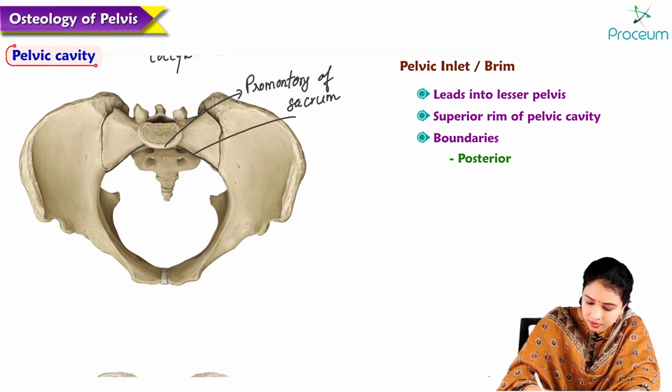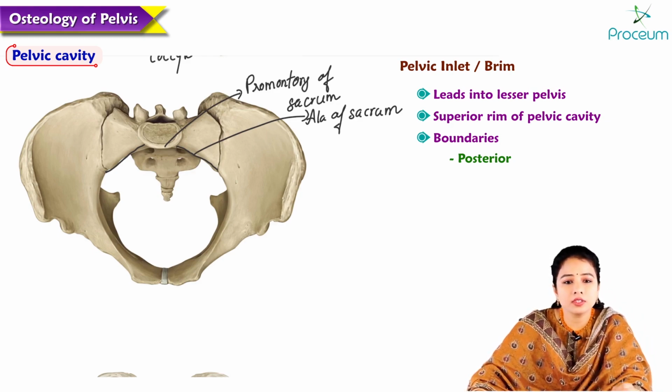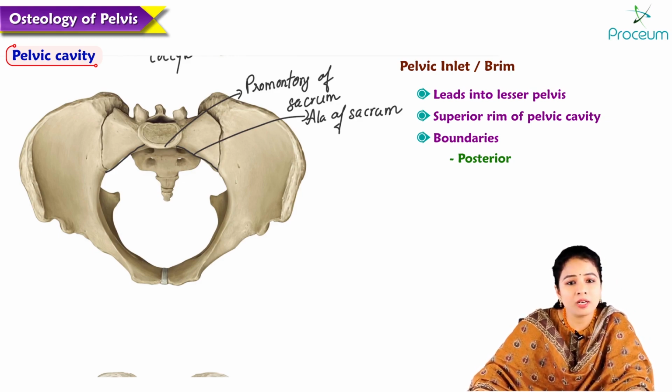This is the ala of the sacrum. So this forms the sacral part, which is on the posterior aspect of the pelvic inlet.